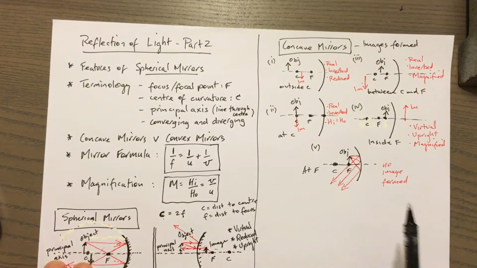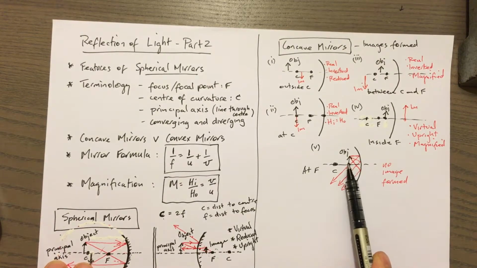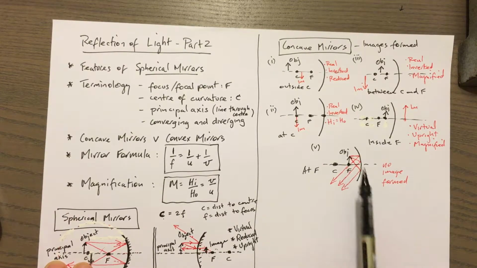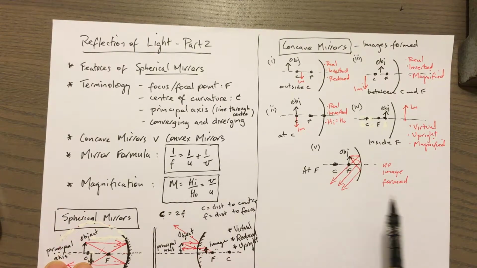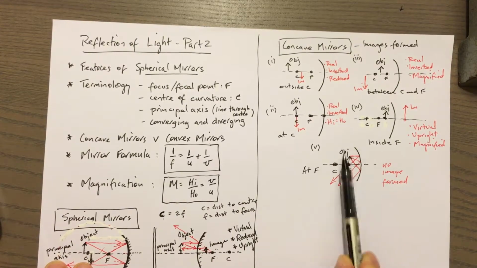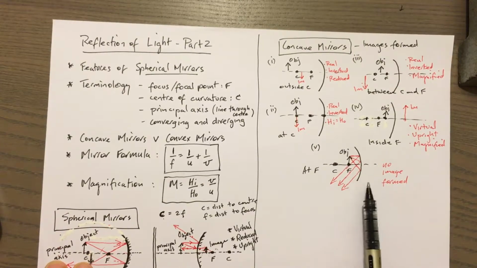we can find the focal point of a concave mirror by using a screen and forming an image for an object that's a long way away. Hypothetically, we could say there is an image formed. It's formed at infinity, right?